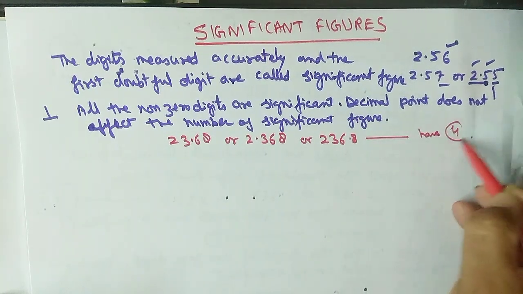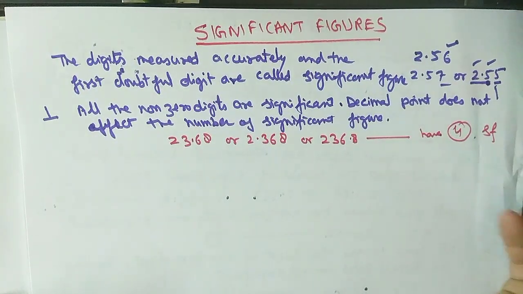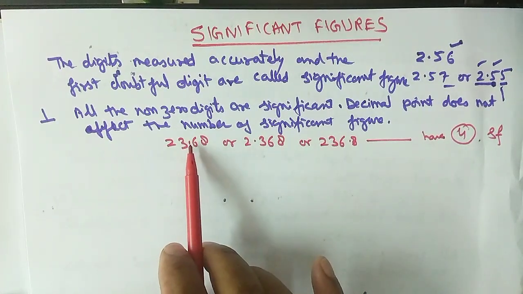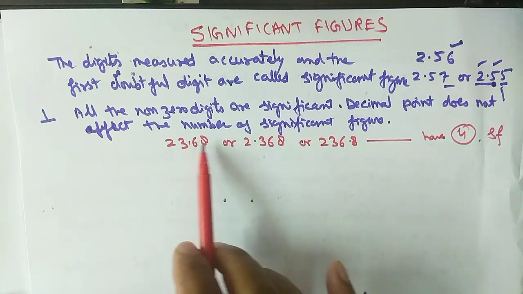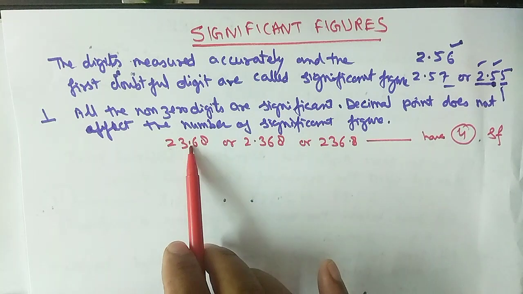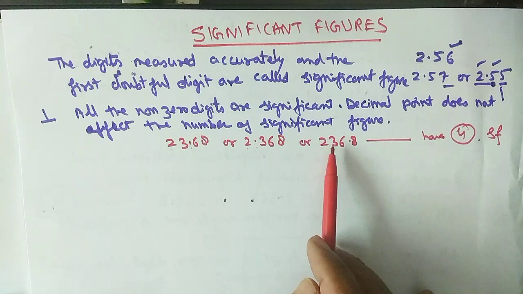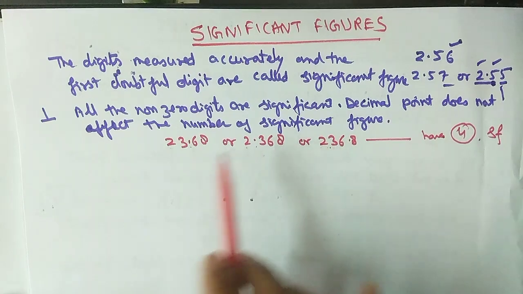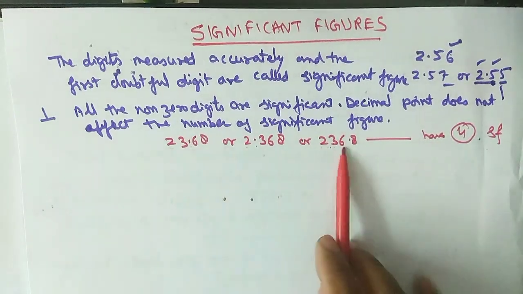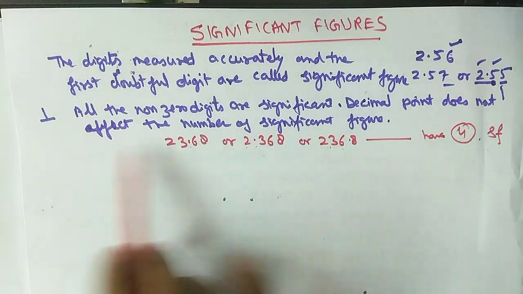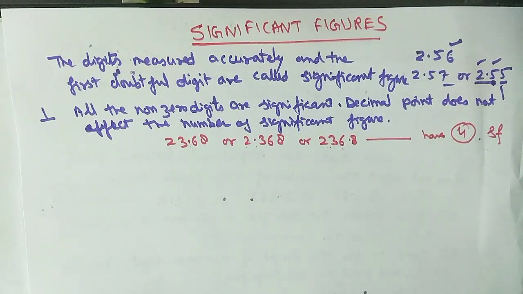Four significant figures. The position of the decimal does not affect. Here the decimal is after 2 digits, here after 1 digit, and here after 3 digits. So the number of digits in every case is 4, and all are non-zeros. So all non-zeros are significant.